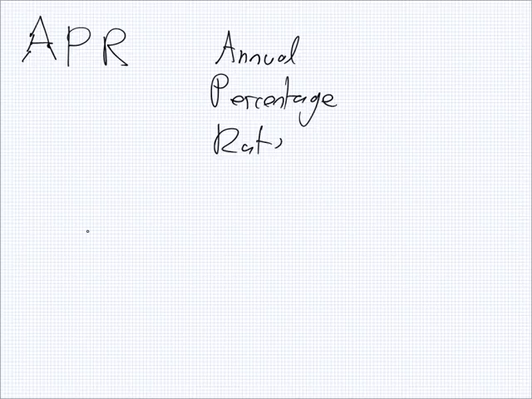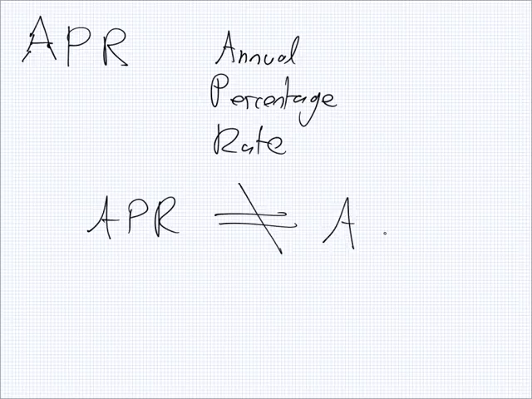If you ever look at an ad in a newspaper for a loan, or on the TV for a loan, like a credit card, the percentage they give you is always APR, not AER. So what's the difference? It's called annual percentage rate. And the first thing to note is APR is not the same thing as AER.